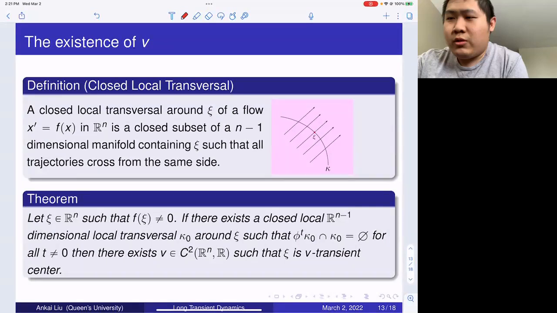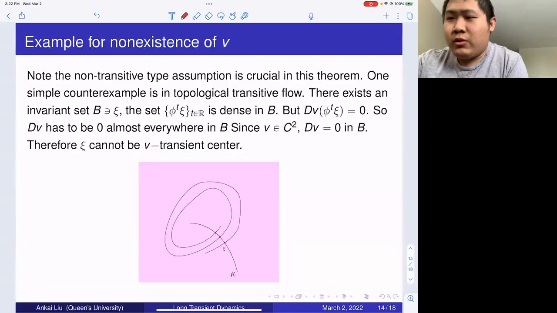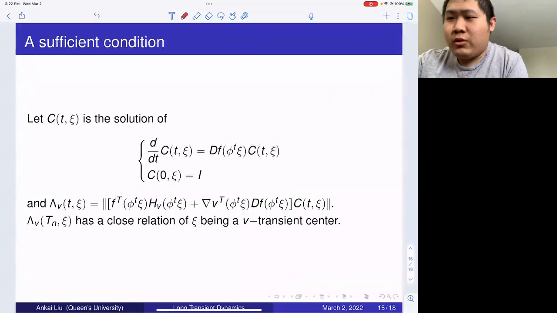I'm not going to go in too deep right there, but this theorem basically tells us that, given this condition, you can always find a V such that psi is a V transient center. This theorem also introduced an example of non-existent V.